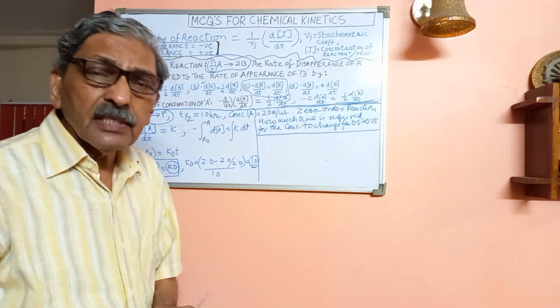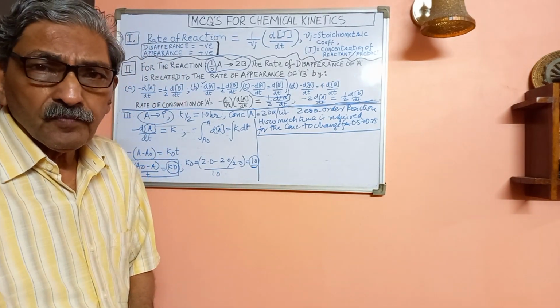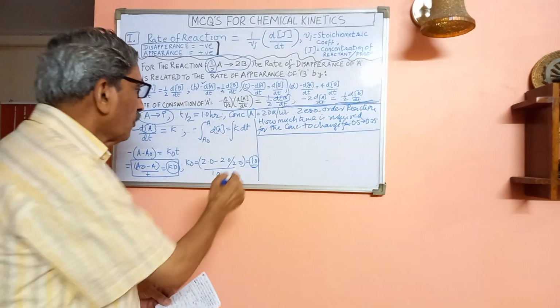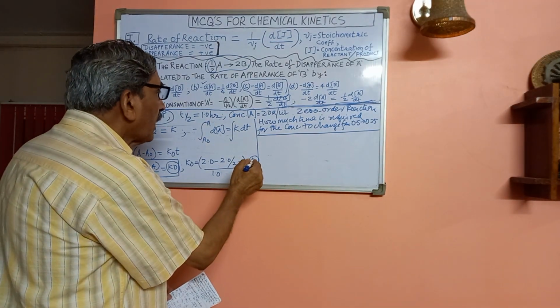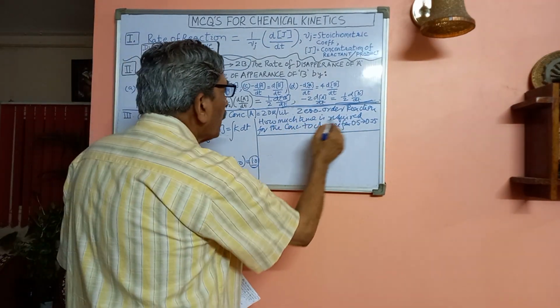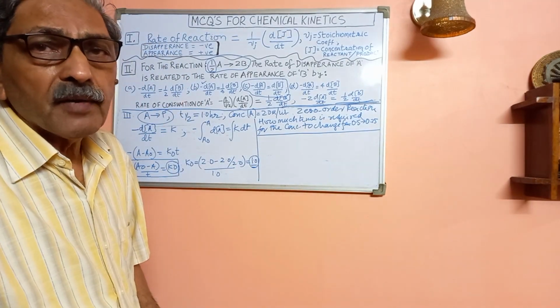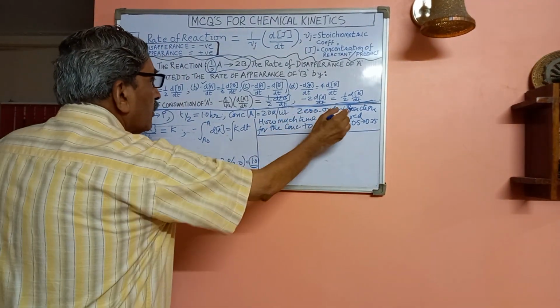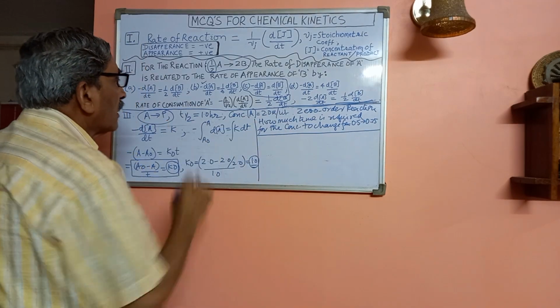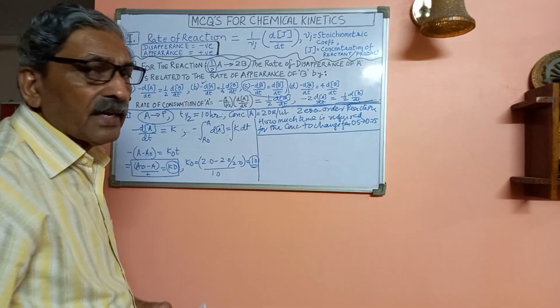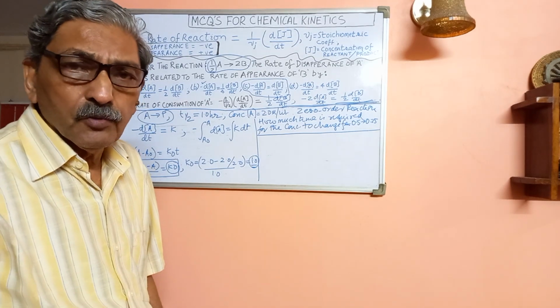Now once we have this value of K0, we can use it to figure out how much time will be required for the concentration to change from 0.5 to 0.25, provided it's a zero order reaction, and the concentration values and other things are already given to you.